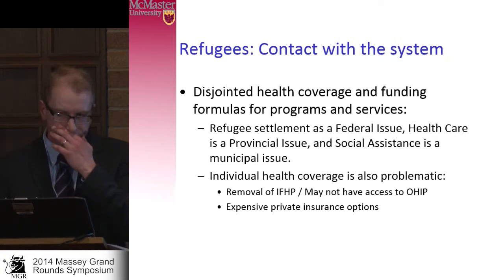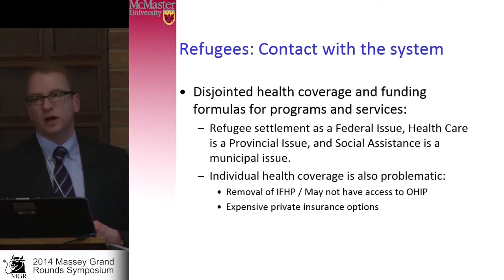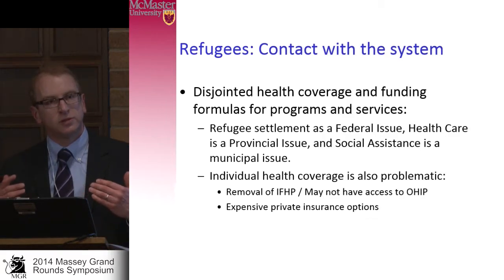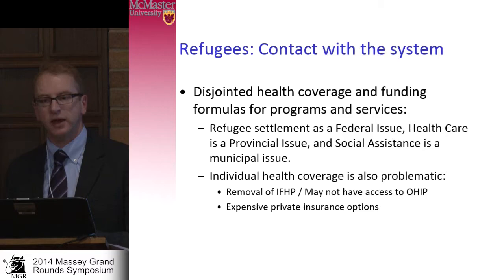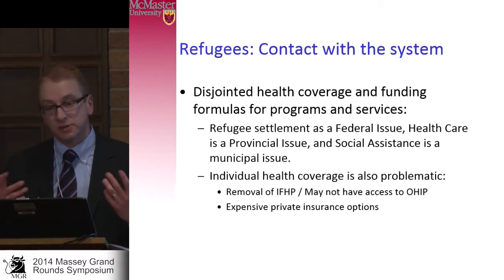Another problem that we see that creates these disparities and this idea of a vulnerable population is really the very disjointed nature of immigration and settlement that we experience in Canada. It is a good system, and it is a model system, but as pointed out right at the beginning, there are still problems.